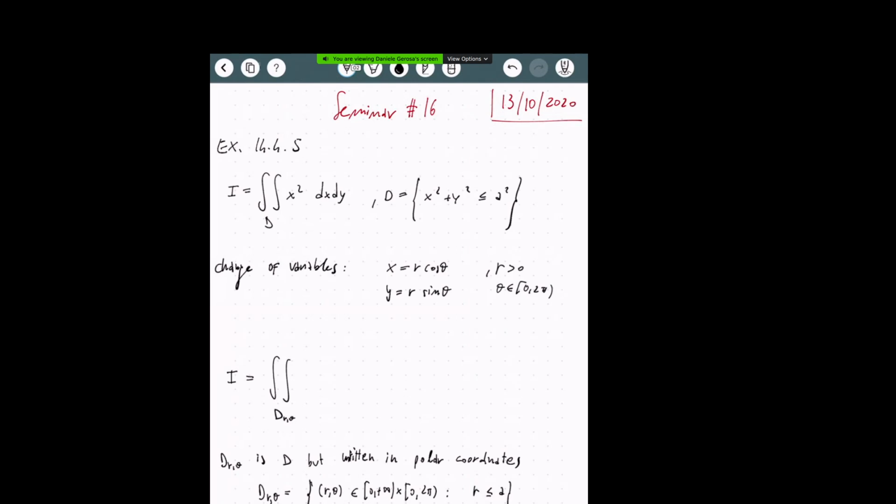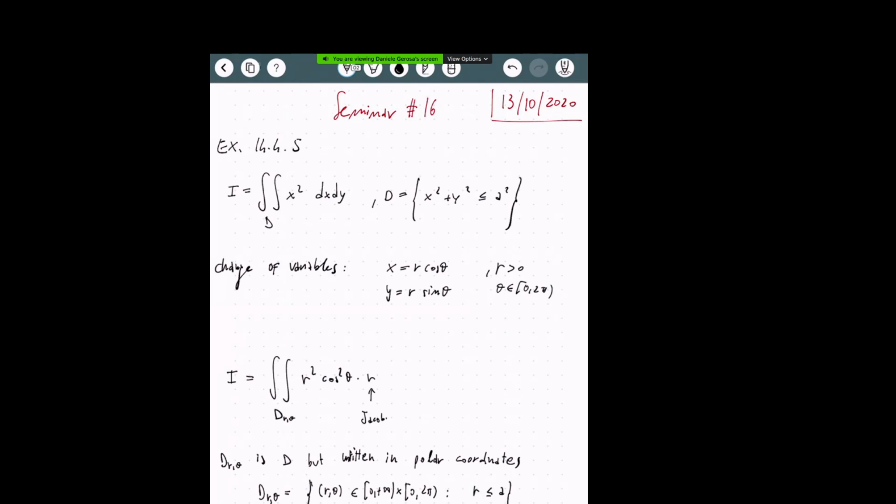And we change the variables, so we substitute to x what we have. So we have r squared times cosine of theta squared. And now you have to remember that in one variable you had the differential. So here we have to multiply also by the modulus of the Jacobian of the transformation, and this is going to be r, right?